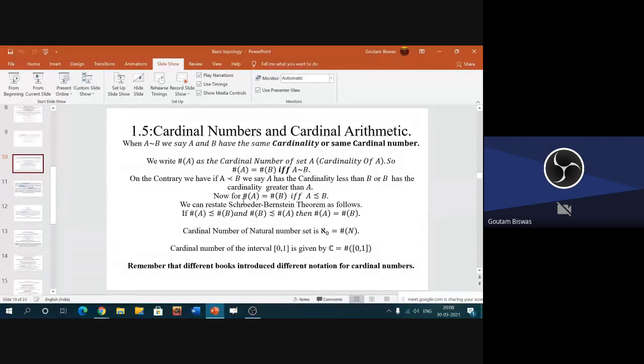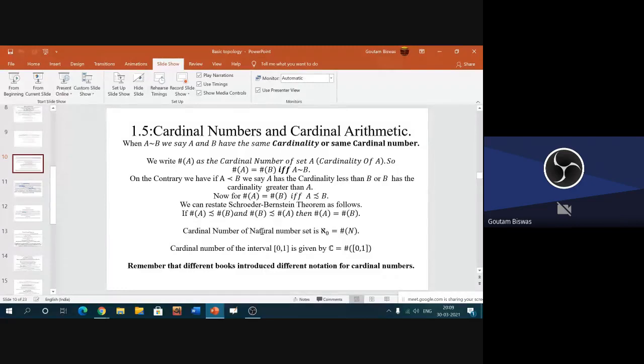For these, we can restate the Schroeder-Bernstein theorem as follows: if the cardinality of A is related to the cardinality of B and the cardinality of B is related to the cardinality of A, then this happens.